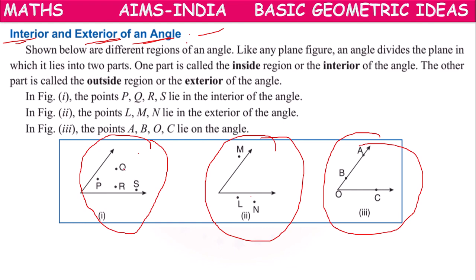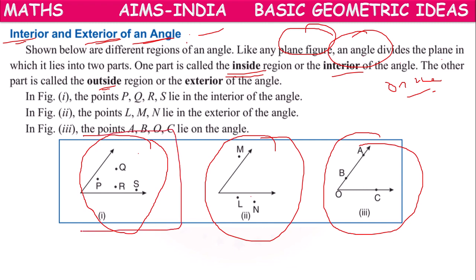So based on the location of the points, we can tell whether they are inside the region, outside the region, or on the boundary. Like any plane figure, an angle also divides the plane, suppose this is the plane, into three parts.